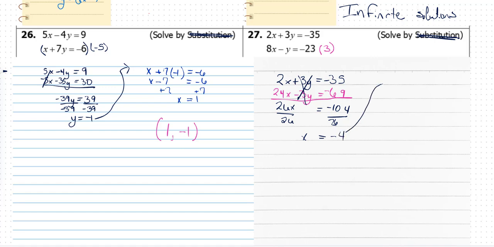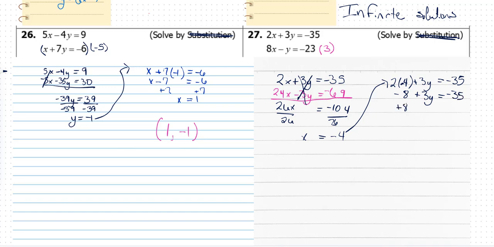So I'm going to take this information and plug it into one of my two equations. So 2 times negative 4 plus 3y is equal to negative 35. It really doesn't matter which one you use. You'll come up with the same solution no matter which one you use. So negative 8 plus 3y is equal to negative 35.